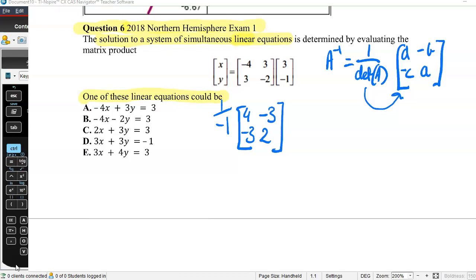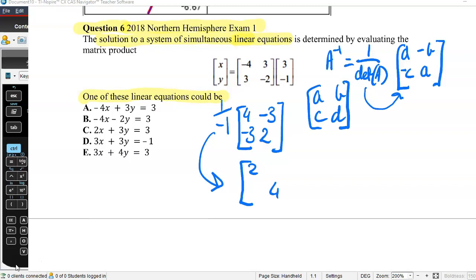Let's do one more step and think about how I need to get this back to the original A, B, C, D. I know that 2 and 4 reverse position, and that these two will be divided by -1. So that's 3, 3.